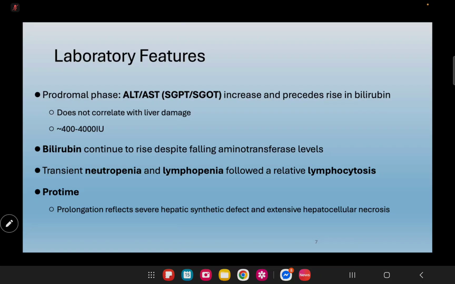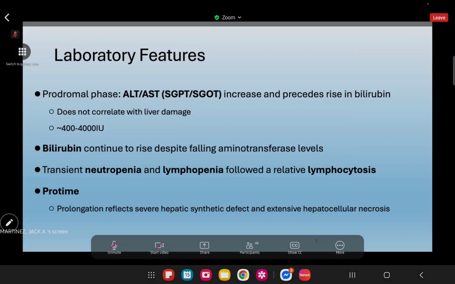Bilirubin levels continue to rise even as aminotransferases begin to fall. There is transient leukopenia and lymphopenia, so that is a decreased neutrophil and lymphocyte count that may occur, and later on will be followed by relative lymphocytosis because this is a viral infection. If there is prolongation of prothrombin time, the pro time, it indicates a severe hepatic synthetic defect and extensive hepatocellular necrosis, and it is a poor prognostic sign.